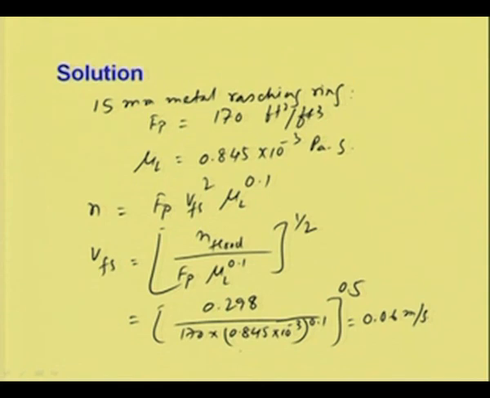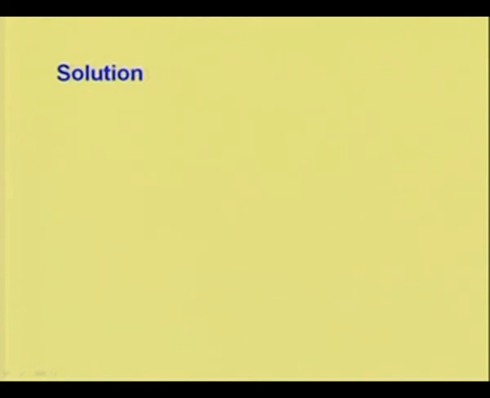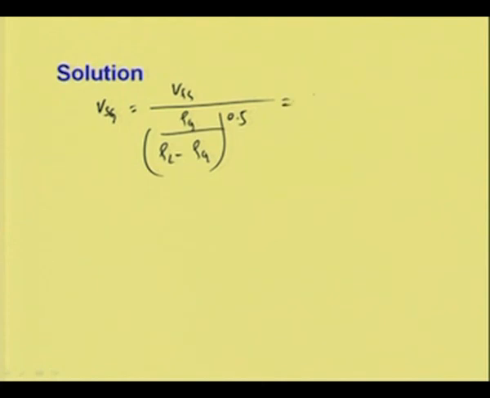So, now we can calculate the Vsg, which is equal to Vfs divided by rho g by rho L minus rho g, to the power 0.5, and substituting these values, this is 1.77 meter per second.